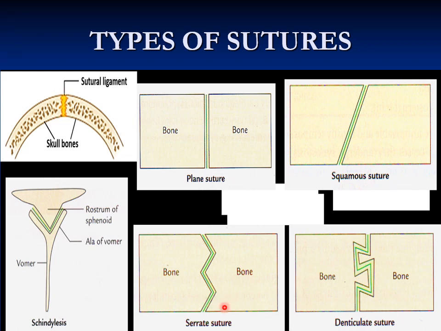So these bones have the saw-like presentation, so we label them serrate sutures. Then in the denticulate suture, as the name indicates, the opposing bones which make the joint together have tooth-like projections.